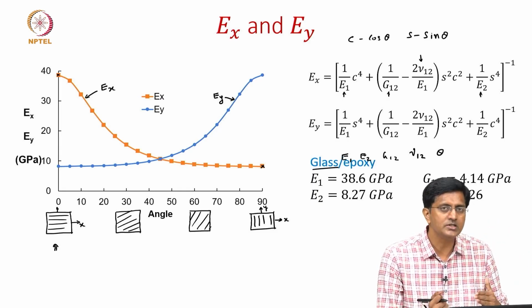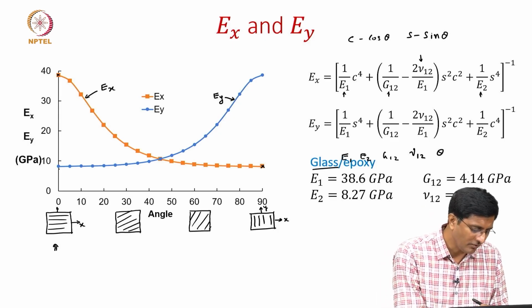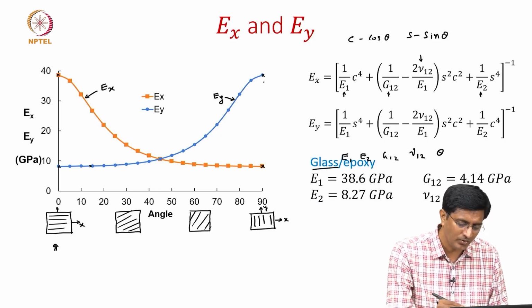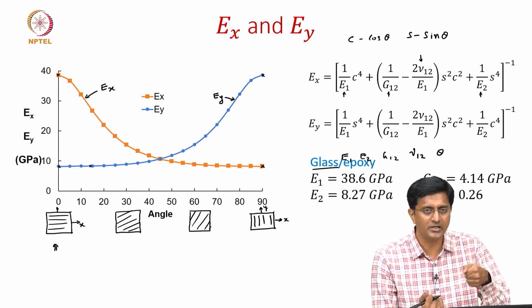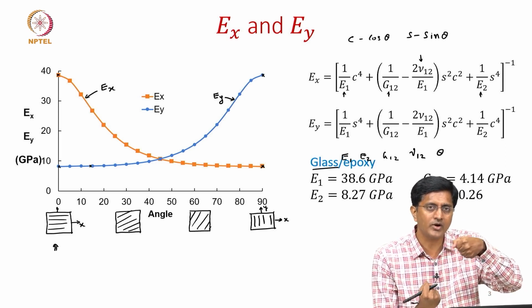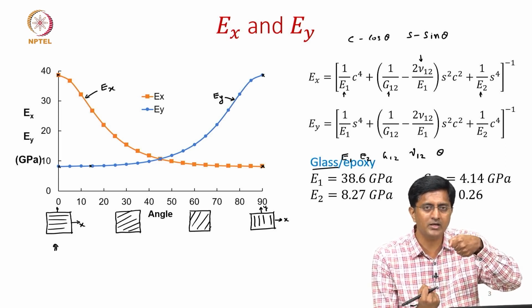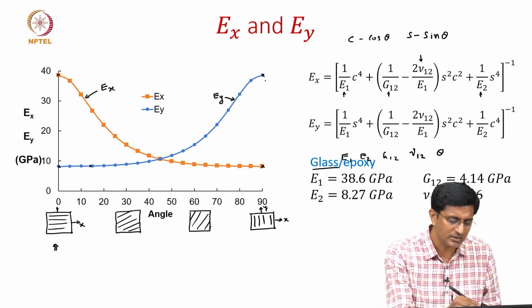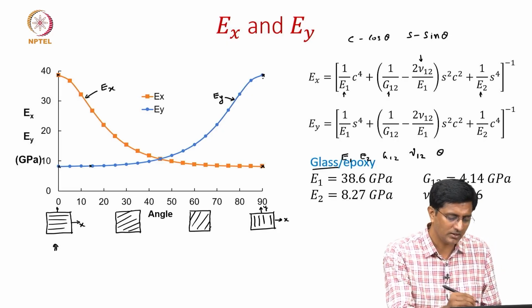But as we increase the orientation angle from 0 to 90, this Ey value keeps increasing and then it reaches a maximum value at 90 degrees. Why is the stiffness maximum at 90 degrees? Because that is when we have all the fibers along the loading direction, because now we are loading in the direction y and the fibers are also in the direction y. That is the reason why we have the maximum Ey value at theta equals 90.